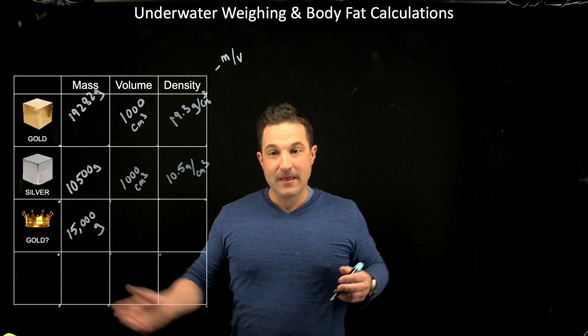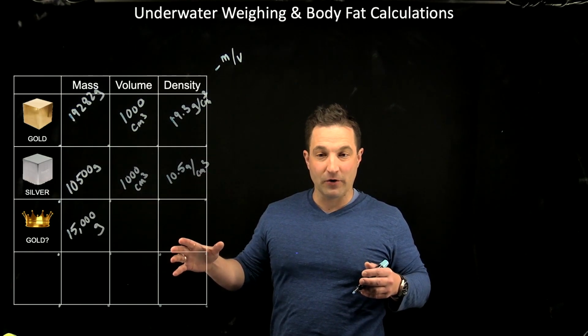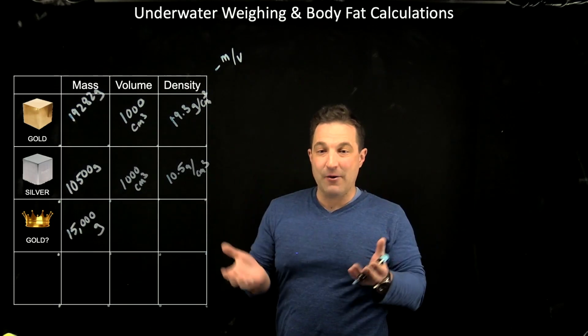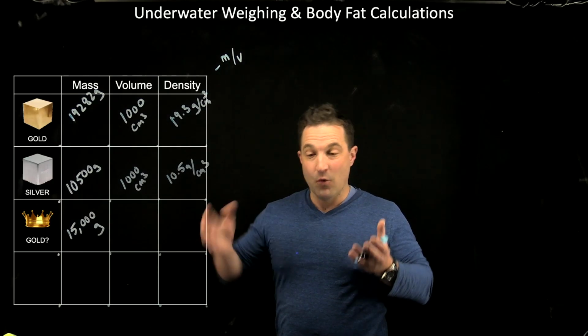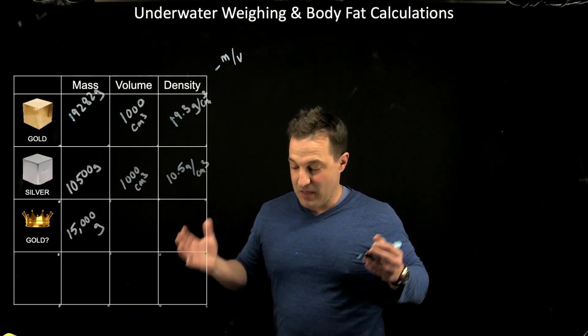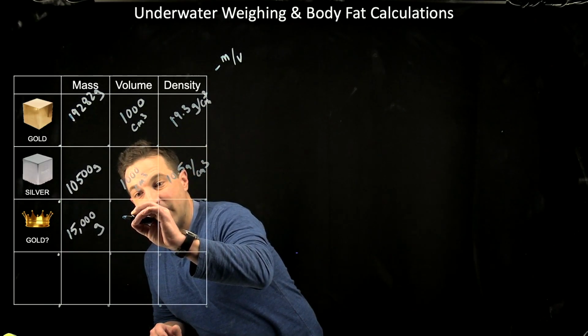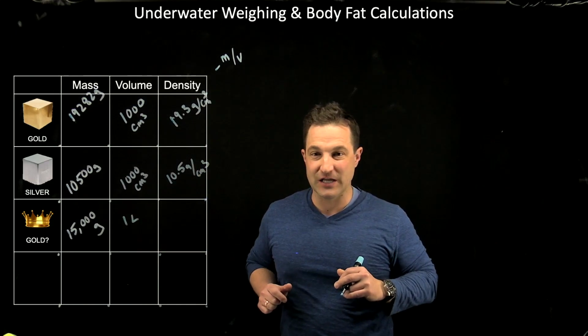Fantastic. So by placing that crown into a tub of water that was filled to the very, very brim, allowing a basin outside of that to catch the water that spills out, once the crown is submerged, they were able to say that the amount of water that spilled out happened to be exactly 1 liter. This is just for our example.